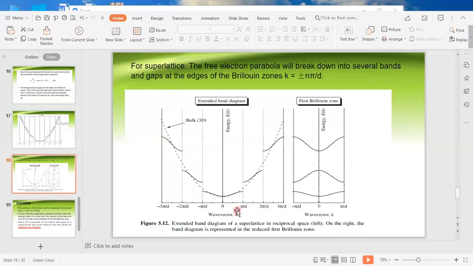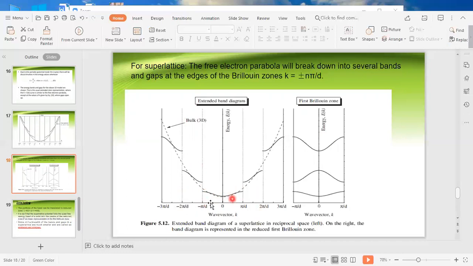It means that suppose you have drawn this diagram on a piece of paper and you're folding it along these lines. These are the small dotted lines, and you're folding the paper in such a way that, so this is a parabola from minus pi by d to pi by d.